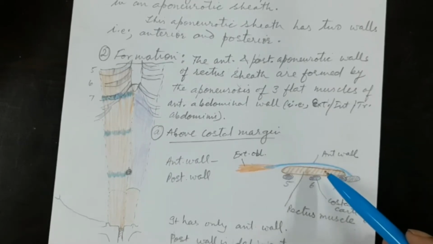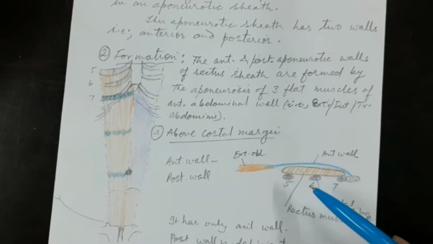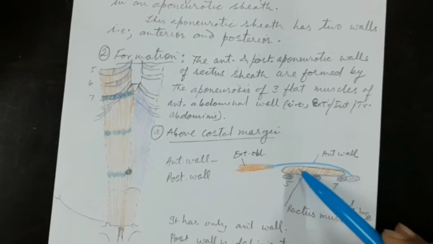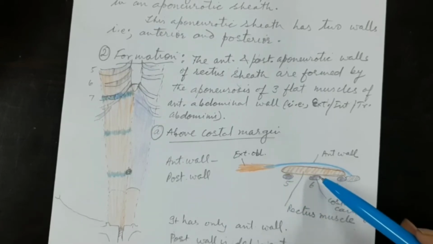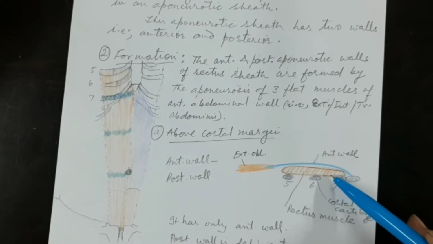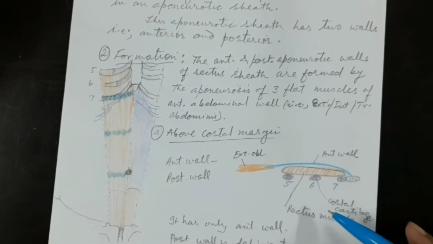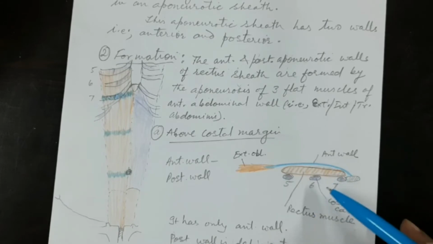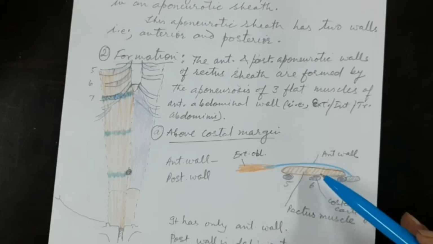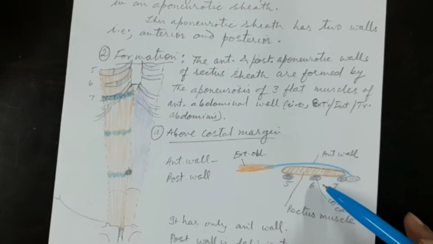So here, above the costal margin, the rectus sheath has only an anterior wall. Please note that this is the sheath of the rectus abdominis muscle, how it is enclosed within the sheath. As we go lower down, we will see that it has both anterior and posterior walls.